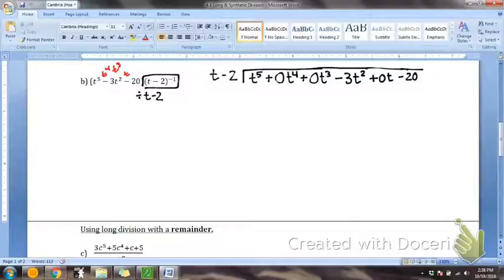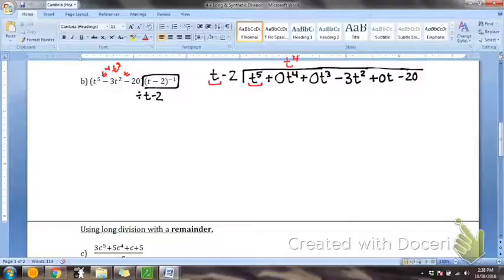Okay. We are going to ask ourselves the same question like 6 times. What do I have to multiply t by to get t to the 5th? T to the 4th, right? So we're going to write t to the 4th above the t to the 4th column.